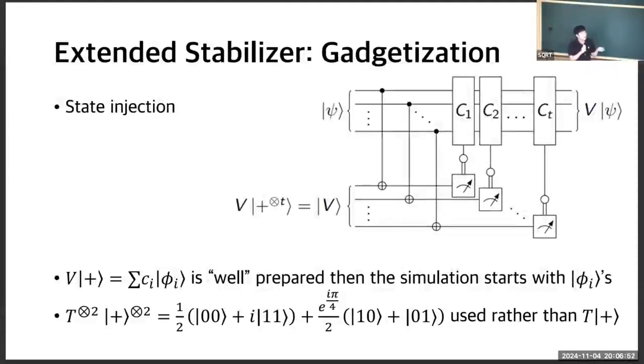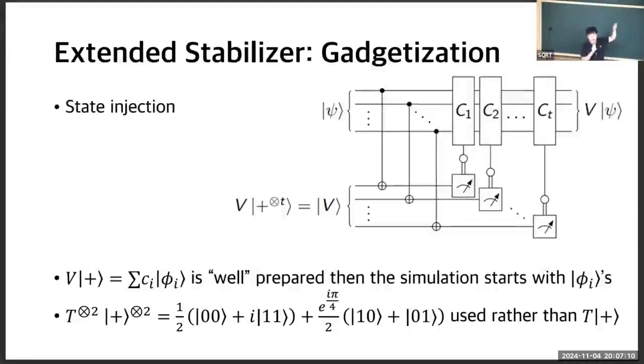So if we have V plus as a sum of Ci phi i, where phi i is a stabilizer state, then we can make that one of the initial qubits there.